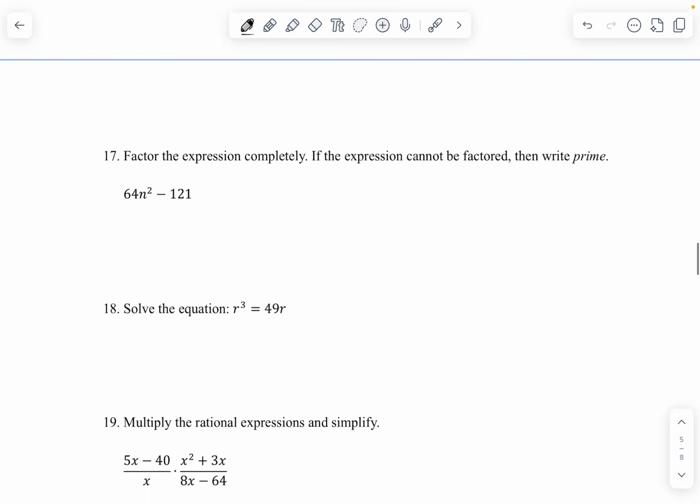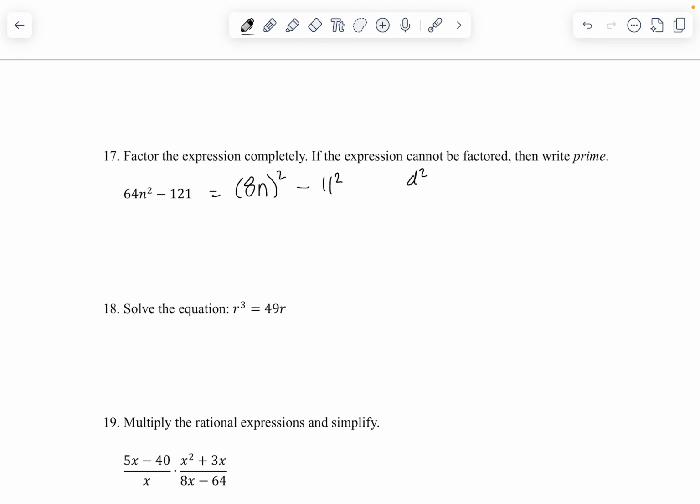Okay, 17. Again, factor the expression completely. If the expression cannot be factored, then write prime. This can be written as a difference of squares. 64n squared can be written as 8n quantity squared, and 121 can be written as 11 squared.